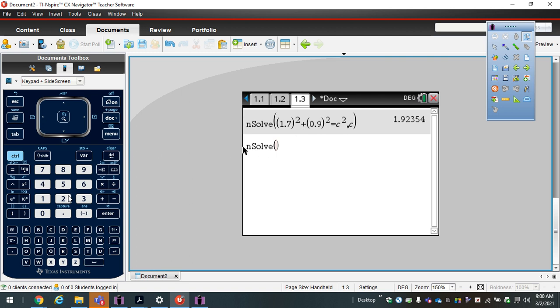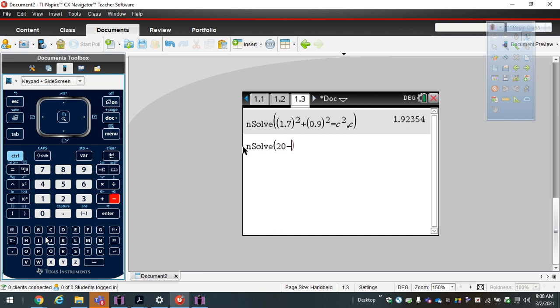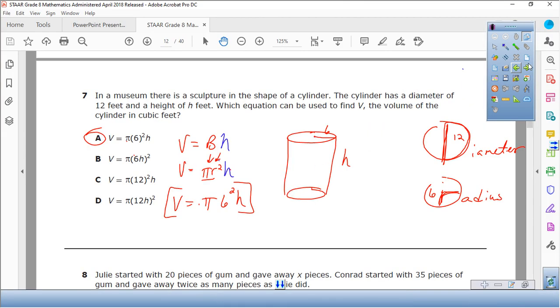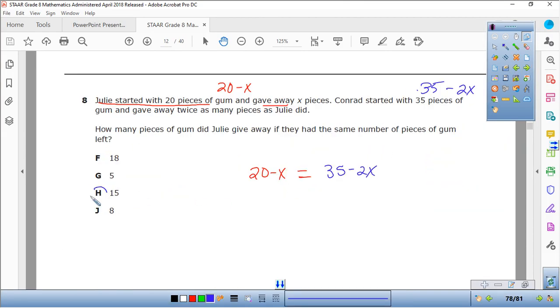Okay, we're going to go to 20 minus x equals, that guy had 35, right? Minus 2x. And then we do comma x, enter. Okay, where are we at now? Go back to the question. So we're going to go with 15.